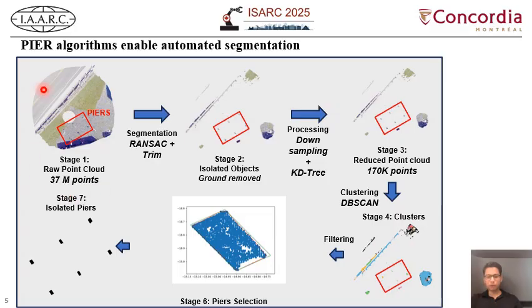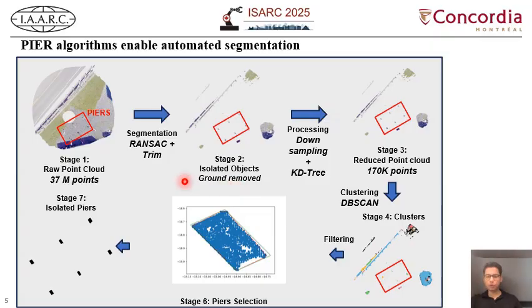So we're starting with a raw 3D point cloud. So this is the point cloud we have just after performing the laser scanning. The first step consists in identifying the ground and so removing it.